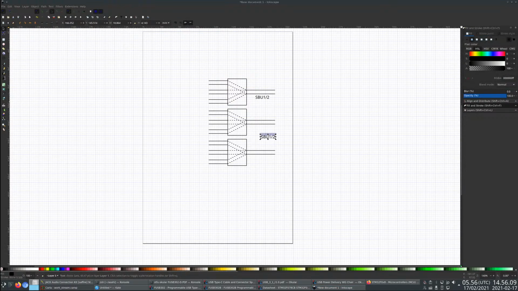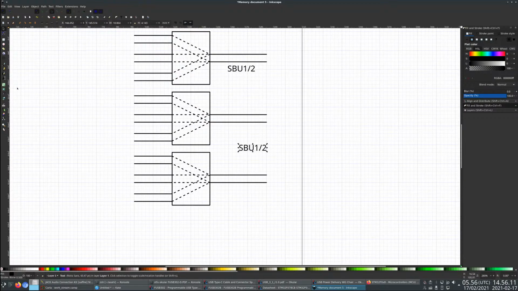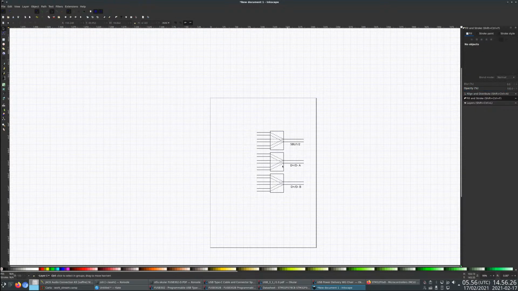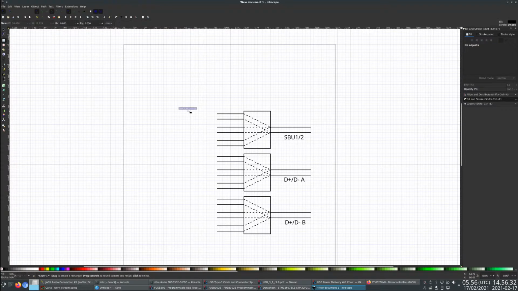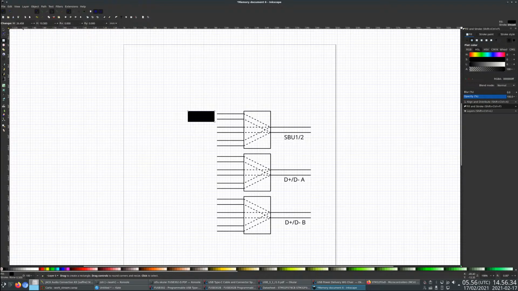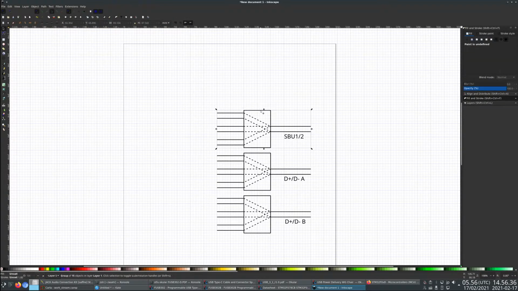One of these is going to be D+ D- on the A side of the connector, and one of them is going to be D+ D- on the B side of the connector. And these are going to go into... just copy and paste this. Life easier.